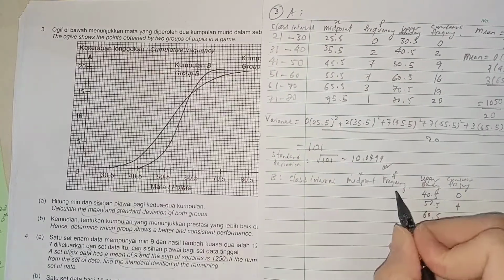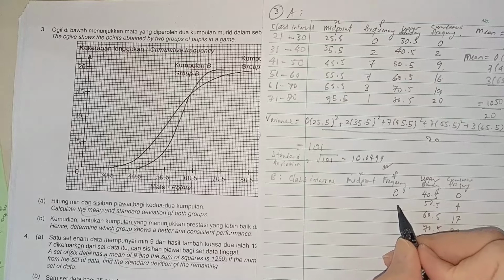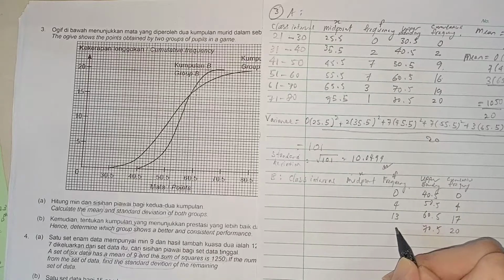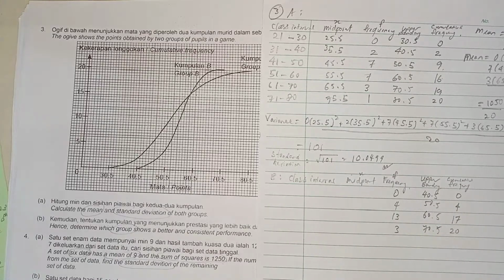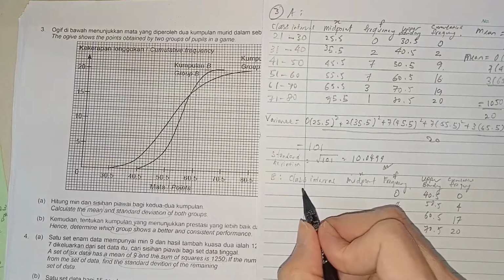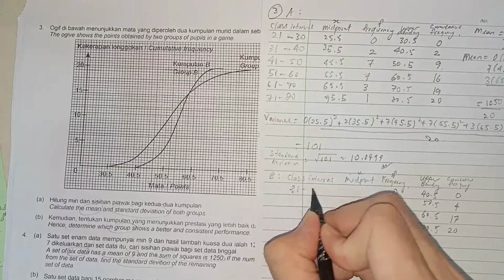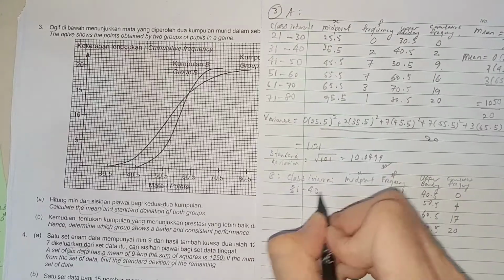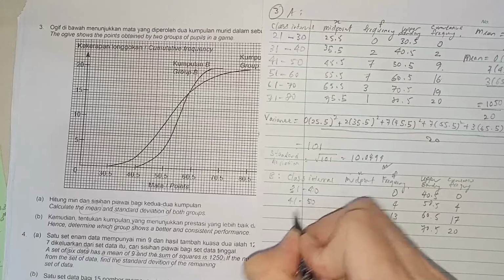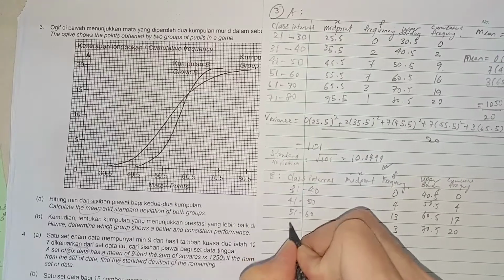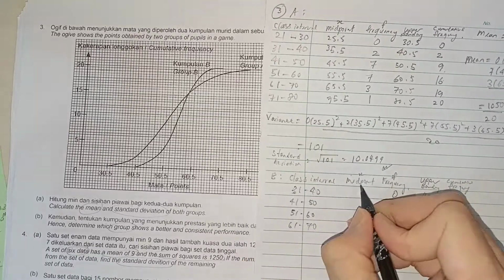So frequency, same method. Then 40.5 is between 31 to 40 and 40.5, 41 to 50, 51 to 60, 61 to 70, midpoint.